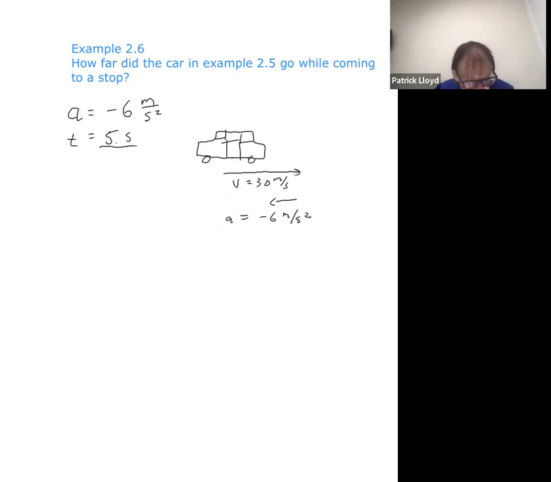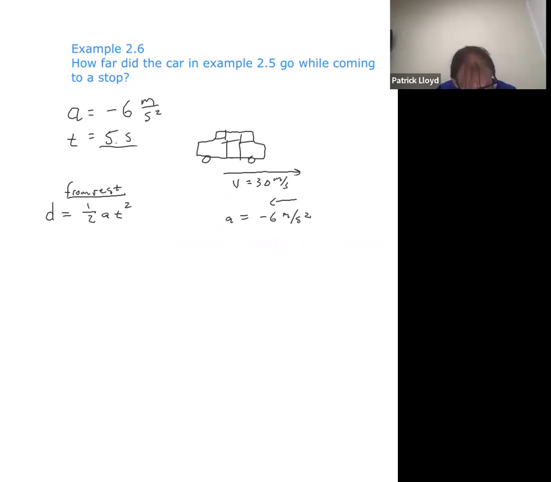So the distance traveled, if you don't have any initial speed, so if you're starting from rest, is just 1/2 at squared. 1/2 times the acceleration times the time squared.